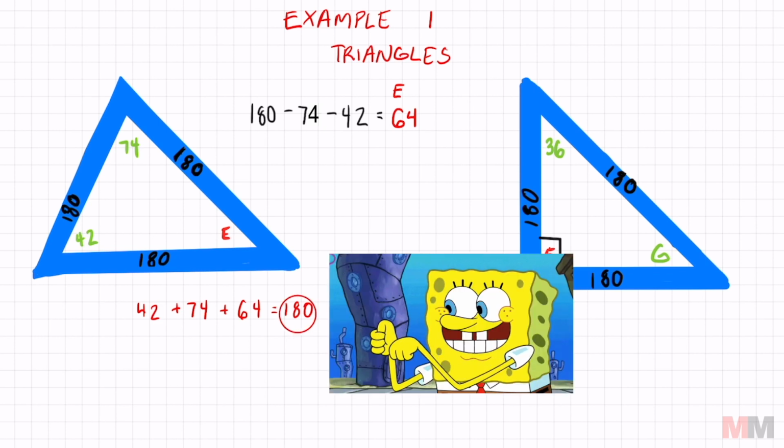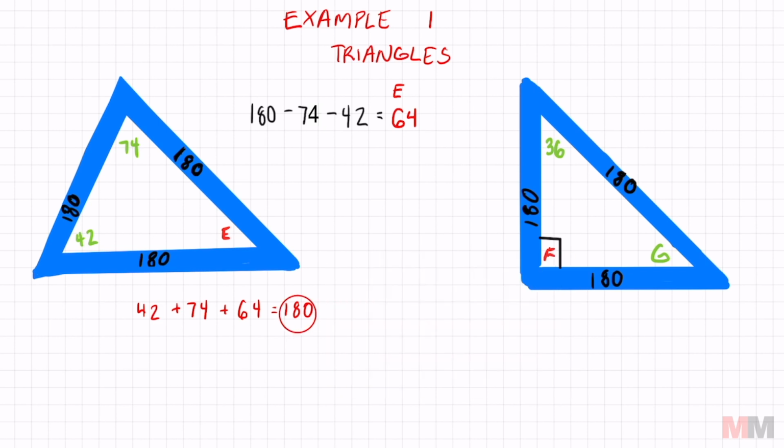Here's another way that you might have learned how to set it up, and this is using algebra. I know that these three add up to 180, so I can write an equation. 74 plus 42 plus E equals 180. And from there, all you got to do is some simple algebra. 74 plus 42 will equal 116. And then you just write the rest.